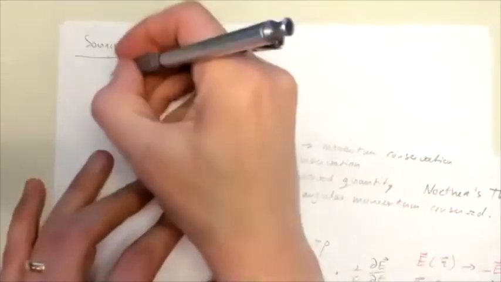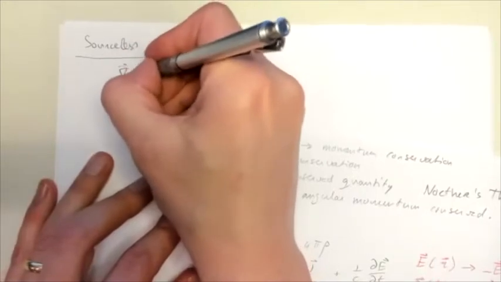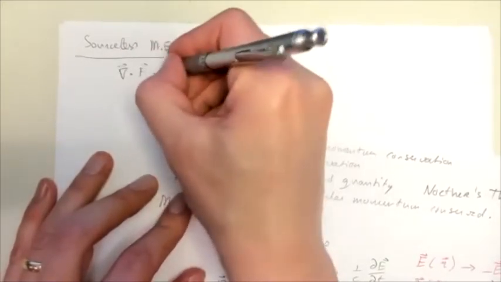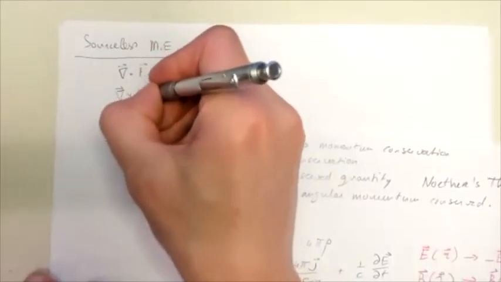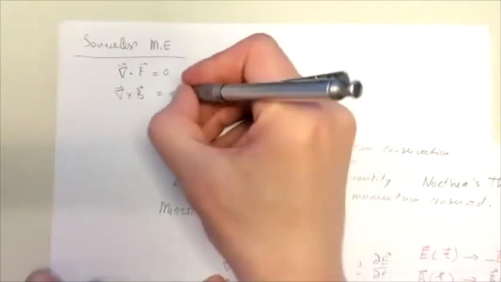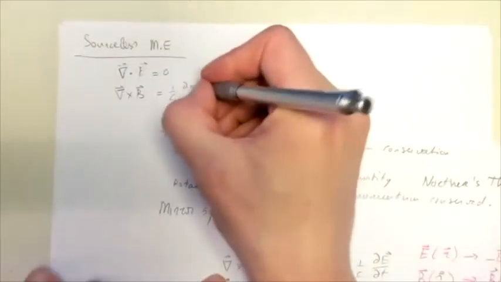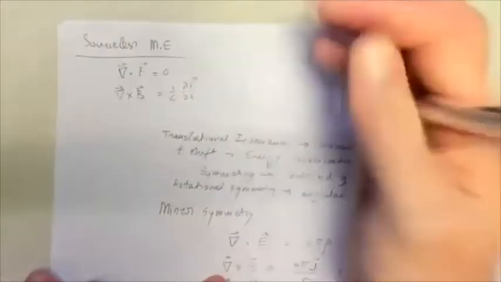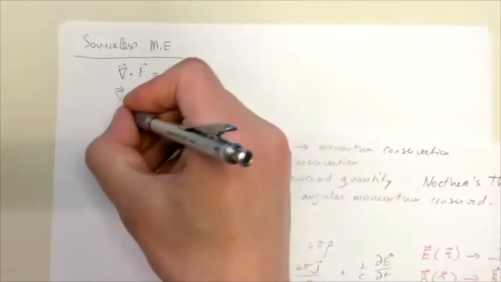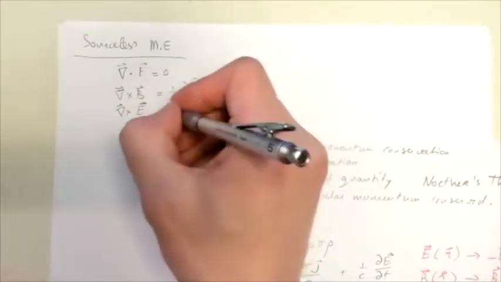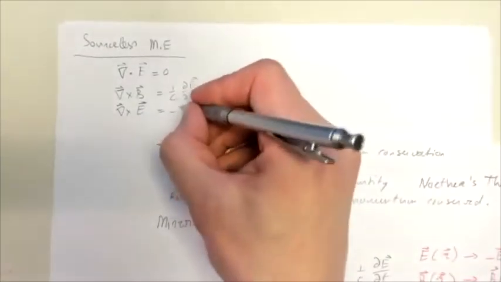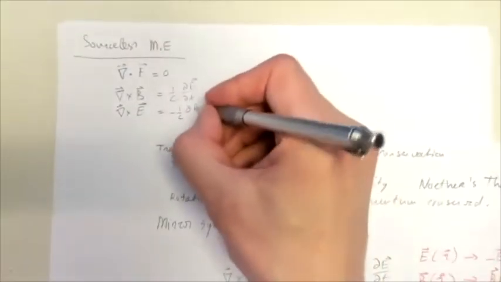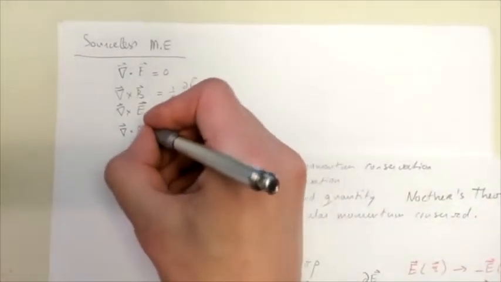So we have our Gauss. We've got curl of B is 1 over c dE/dt. And then we have the curl of E is minus 1 over c dB/dt. And then we have divergence of B being 0.